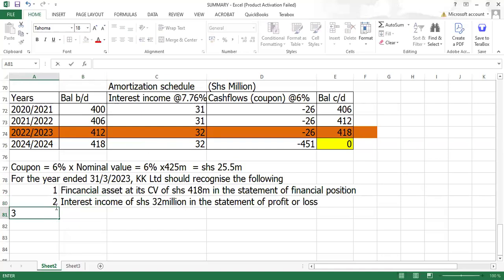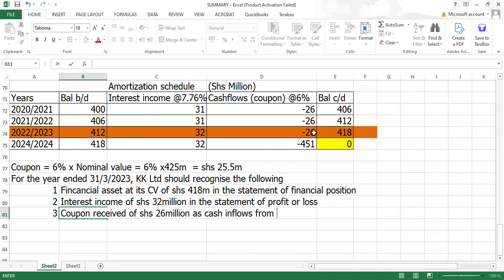Then number three, if you prepare a cash flow statement, then you recognize the coupon received of shillings 26 million as cash inflows from your investing activities in the statement of cash flow. And that's all.